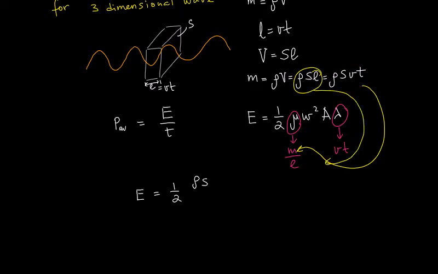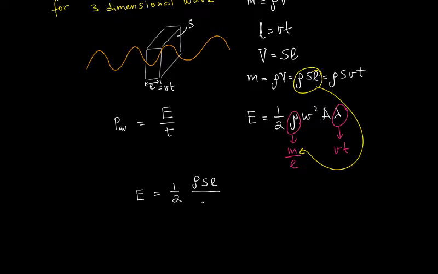So I'm going to substitute the m with rho S L, divided by L, because I want to cancel the L out.